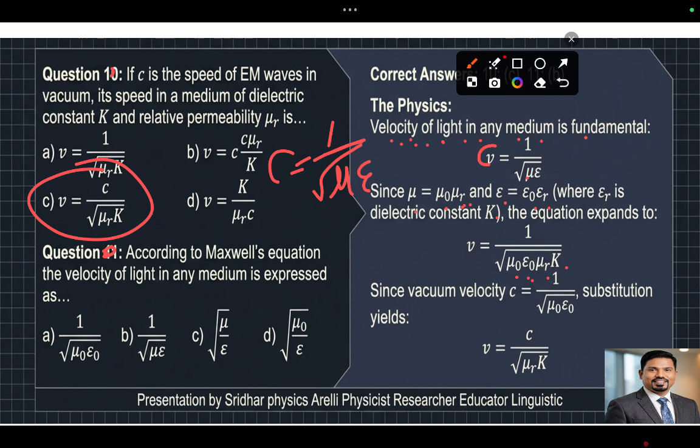Once again, the velocity of light in any medium is v equal to 1 by under root of mu epsilon. What is mu? Mu equal to mu naught mu r. What is epsilon? Epsilon naught epsilon r.